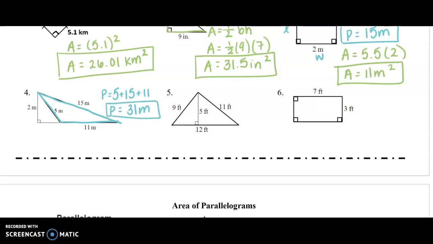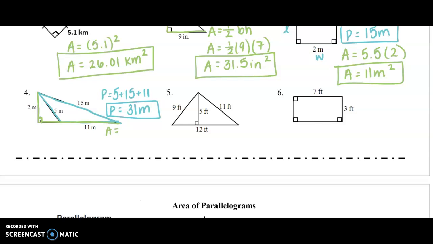Now my area, when I get to that, if you notice, I can't find the height because there's no way for me to put that line perpendicular. It's telling me right here that that is my height. 2 meters is from the top of it down to the bottom.